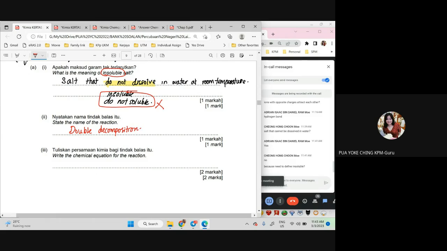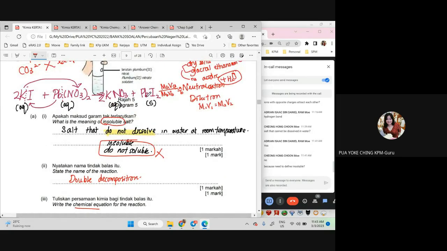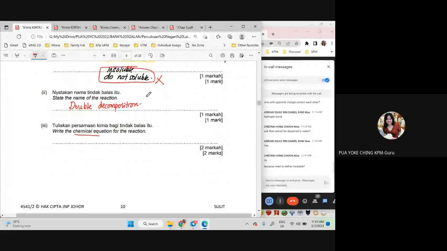Okay, write the chemical equation. Persamaan kimia. I dah tulis dekat atas tadi. So this is the chemical equation. Cuma saya nak bagi tahu, remember when you need to prepare an insoluble salt, it must be too aqueous.